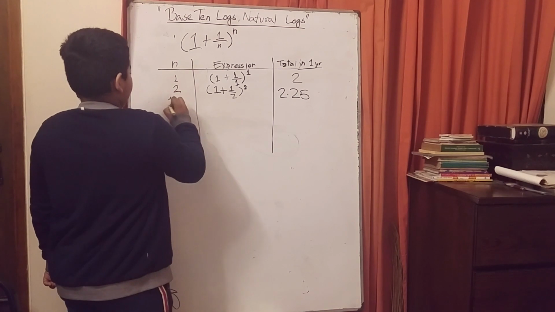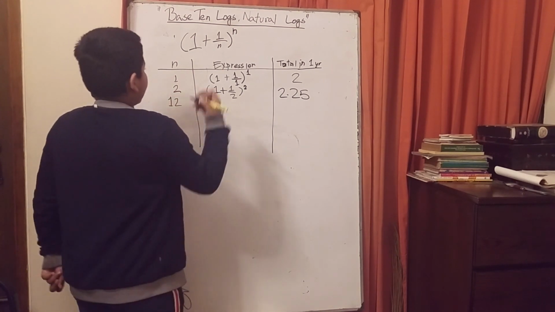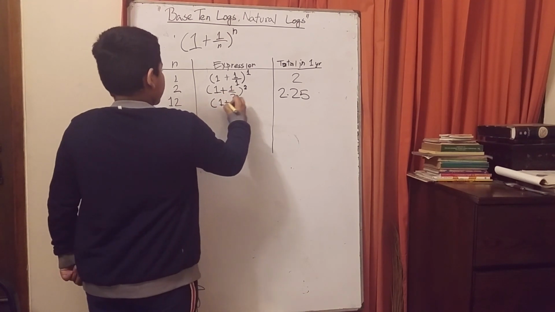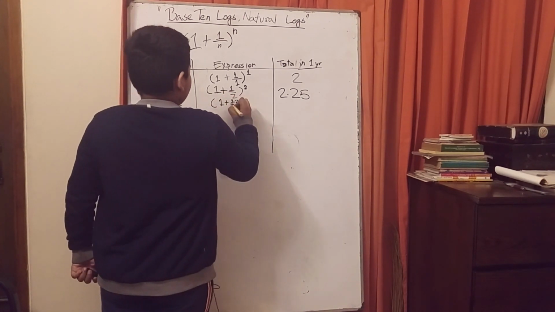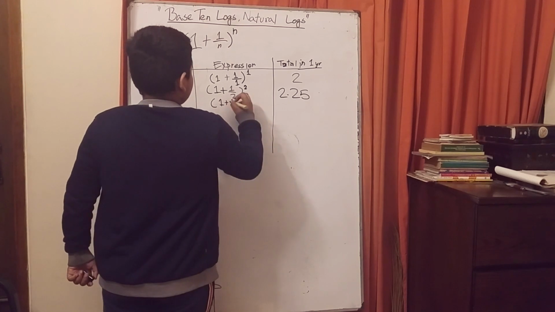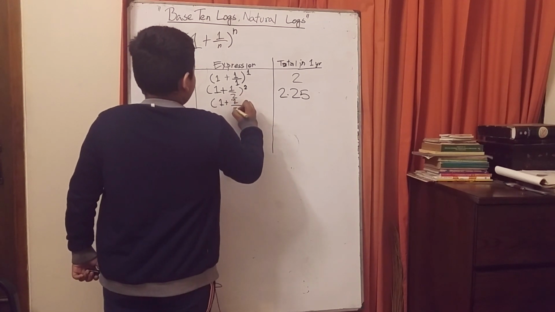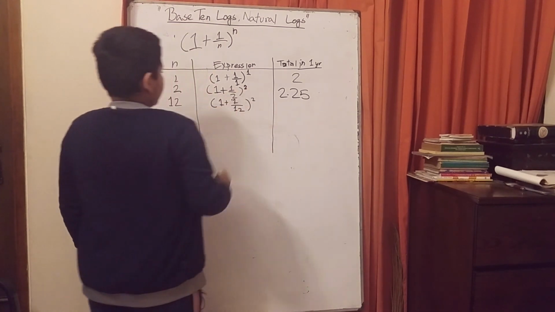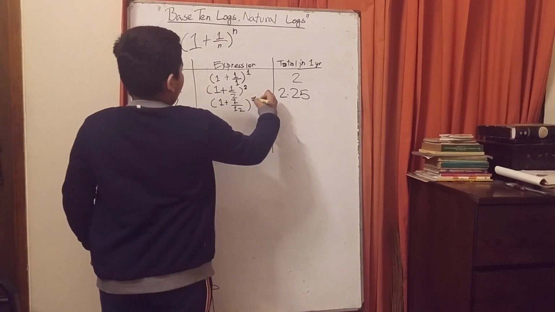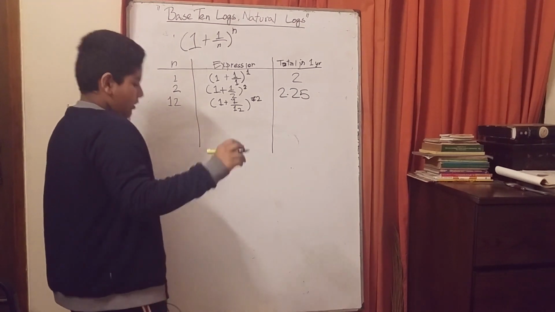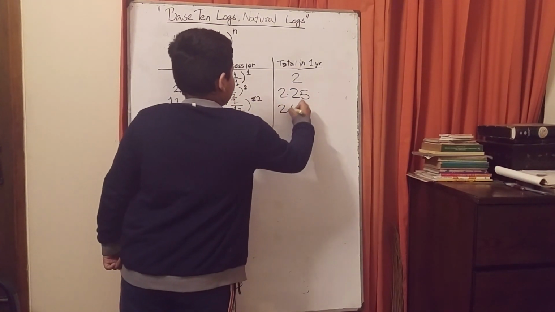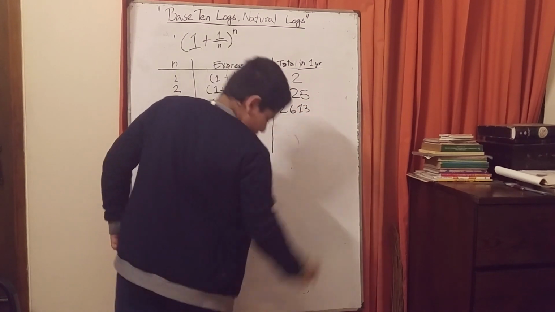Now if it's saying per month, we get a raise 12 times. Then it will be 1 plus 1 over 12, all to the power of 12, and it becomes 2.613.